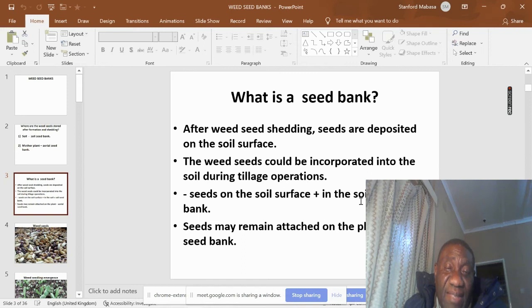They will give us the soil seed bank. Seeds may remain attached on the plant, known as the aerial seed bank, but eventually they will come into the soil, probably through the plowing operation.